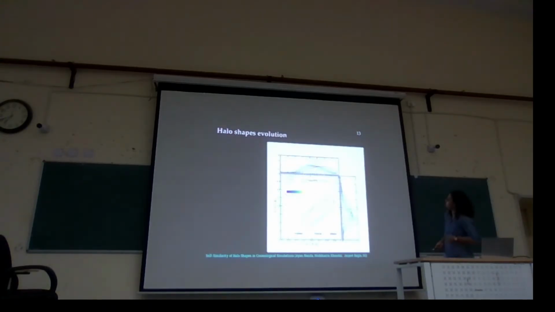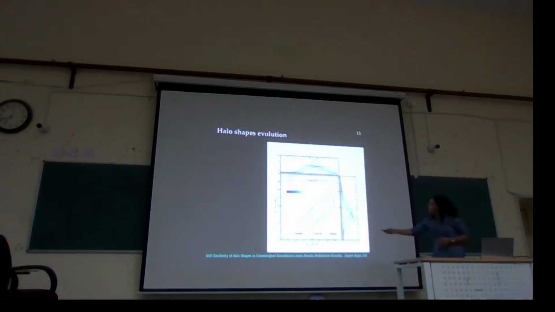Now this is interesting. This is Q and S, the axis ratios, and the contour circle represents 68% of the population at that time. Time is given by the color: the yellow is some earlier time in the universe, and as the color gets darker, it is a later time. And these are three regions: the elongated prolate shapes, triaxial, and disky oblate shapes.